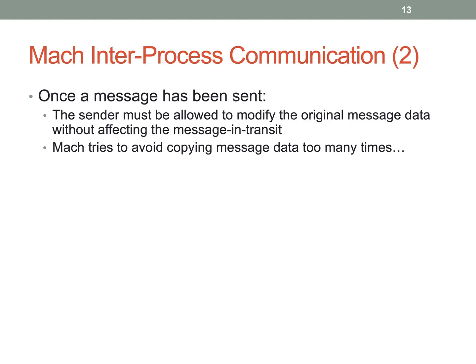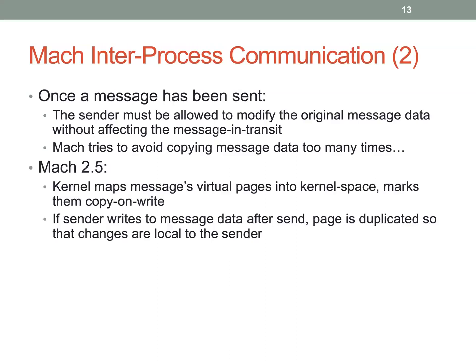If you're going to have this abstraction that processes have isolated address spaces, you have to have this rule that the sender should be able to modify the message data without affecting the message in transit. So Mach 2.5 tried to do something clever. It tried to use this technique called copy on write.